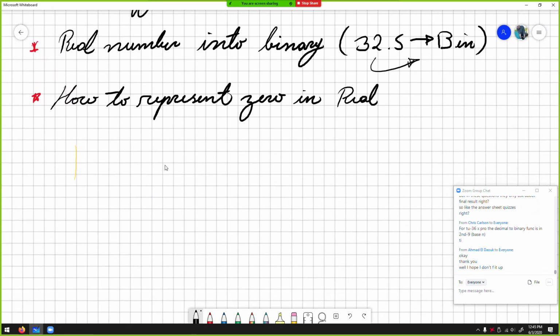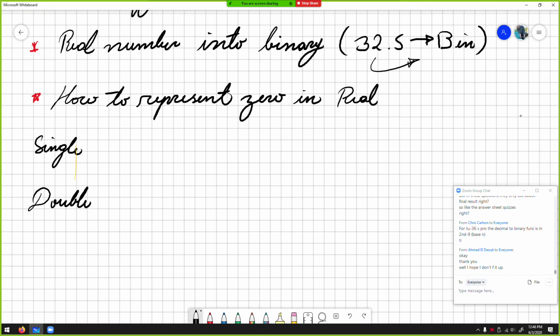This is something that I showed during my lab session. 0 cannot be stored exactly. It cannot be represented exactly in the computer memory. It has to be approximated. And there are two ways of doing this. Depending on what you're working on, you have single precision and you have double precision.